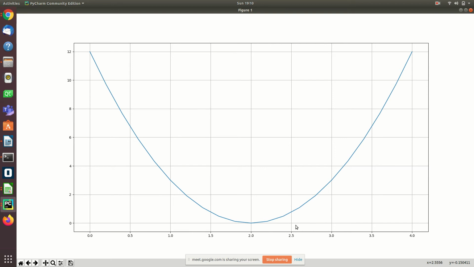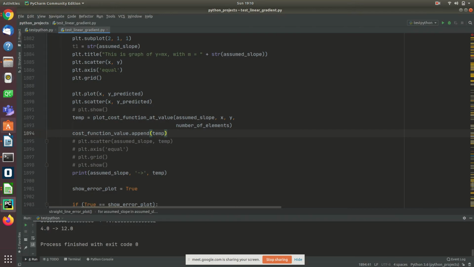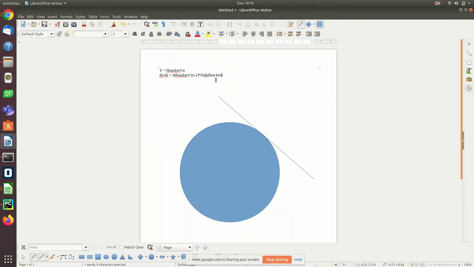So what we are trying to say is that we find the minimum value of this curve when the slope is 0, right? I'll write this so that you understand. My equation was y is equal to x square. What is the dy by dx of this?